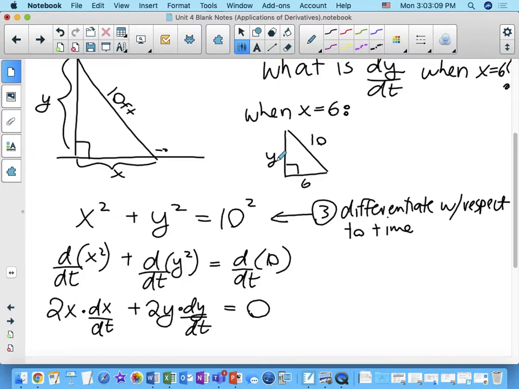Yes, exactly. So we've got to take that extra step and figure out, at the time that x is 6, what is y? So y is going to be the square root of 10 squared minus 6 squared, which is 100 minus 36, which is 64, so y is 8. And now we have enough information to plug in what we know and solve for what we don't know.